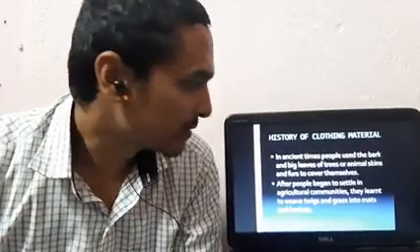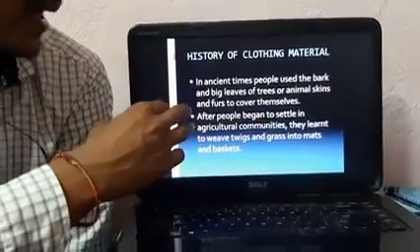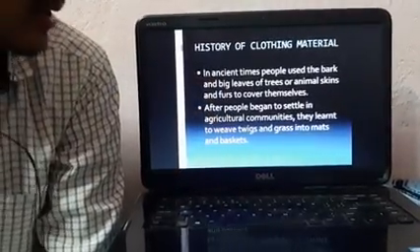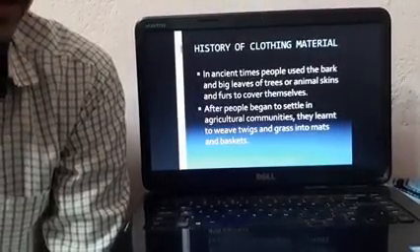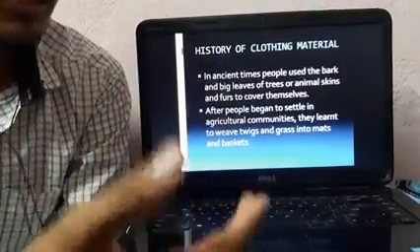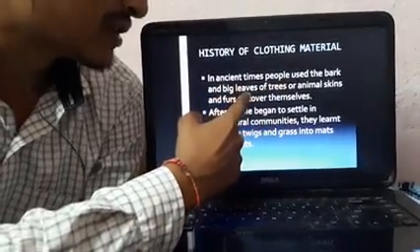Okay, how they started. So, in ancient times, people used the bark and big leaves of trees or animal skins and furs to cover themselves. Okay, this is the initiation of clothing material. Initiation meaning starting. First of all, they used the bark and big leaves of trees.